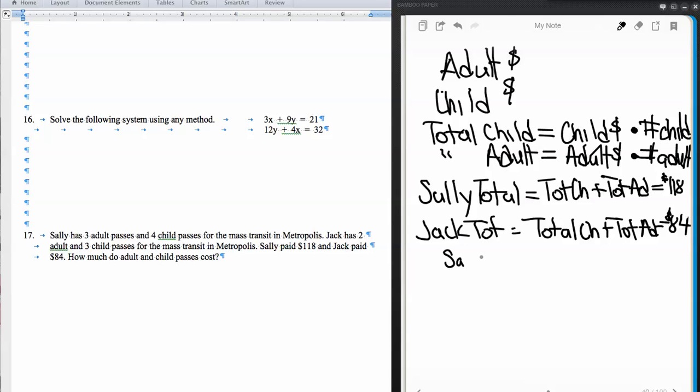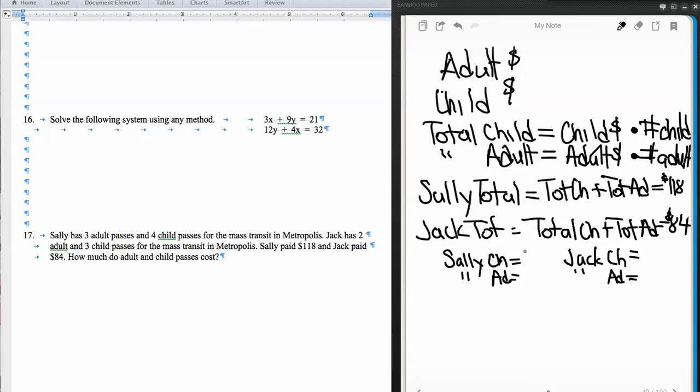And we're also told that Sally and Jack have a certain number of kids and a certain number of adults. So we have Sally child and Sally adult, and then we have Jack child and Jack adult. And once we get all those numbers, we can put all that information together in what we've already built to form an equation.